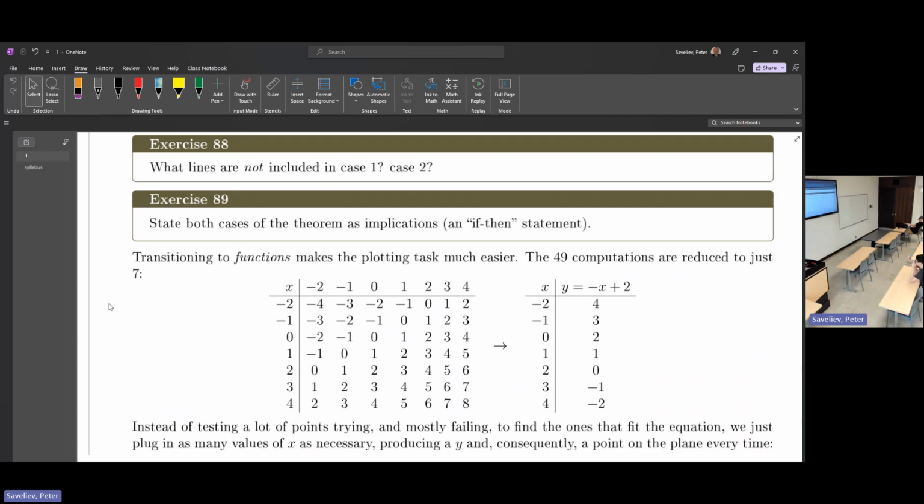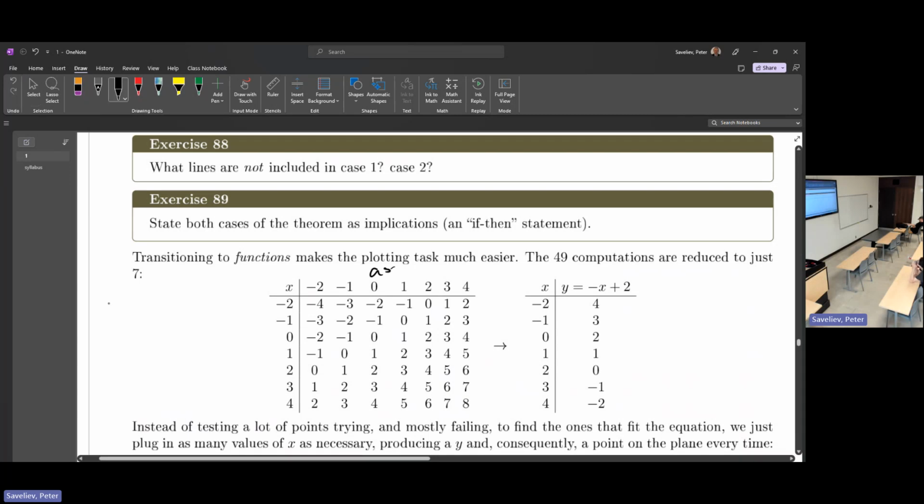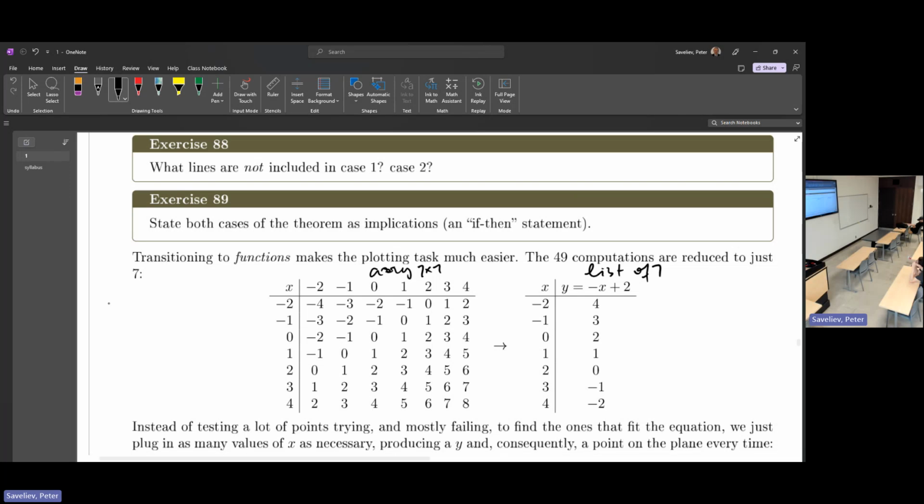That's the difference: an array of numbers or a list. So the array of 7 by 7 or a list of 7. Okay, so 49 versus 7, and the only thing that we need to do to achieve this improvement is solve for y.